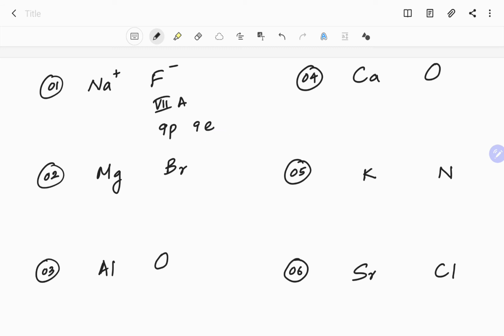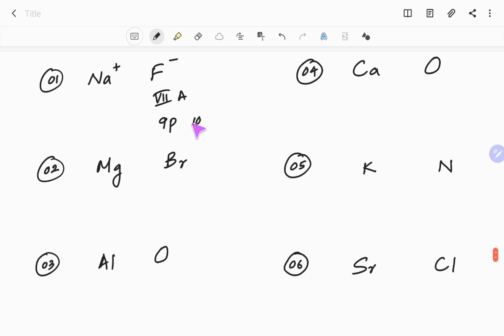After taking one electron to achieve the noble gas configuration, you will have 10 electrons and 9 protons. 10 electrons is -10, 9 protons is +9, right? You add them up, and the overall charge will be -1. So that is how you calculate the charges.